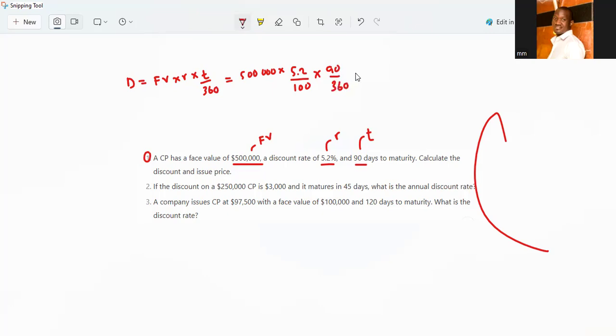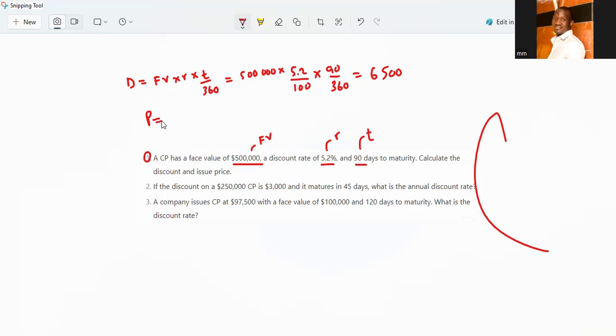It is a discount value, not the discount rate. The discount rate has its own formula. So what did we get as our discount value? 6,500. Then how do we calculate the issue price?